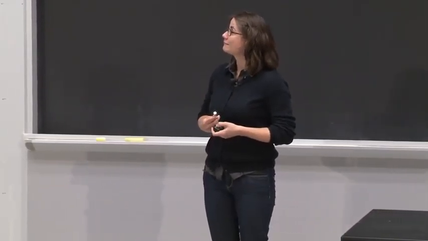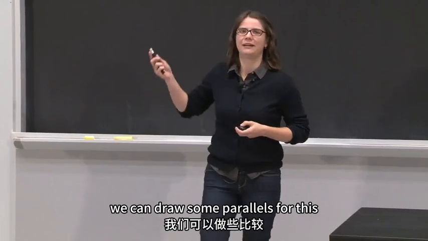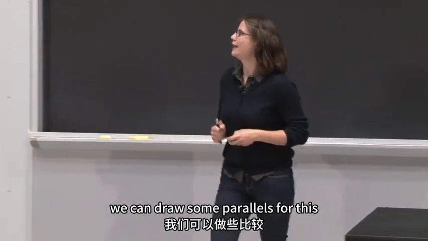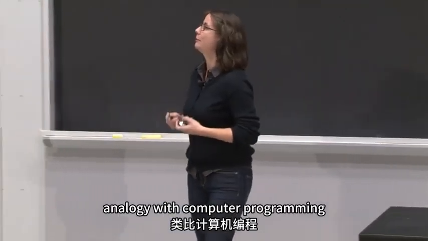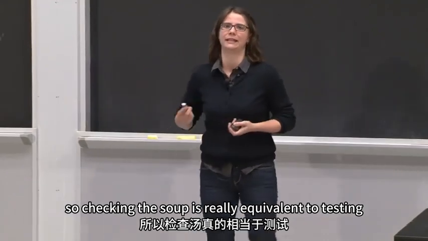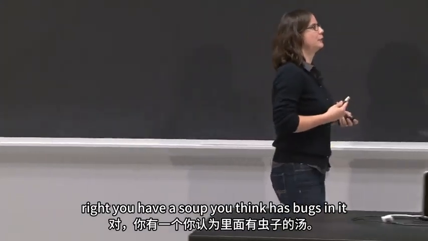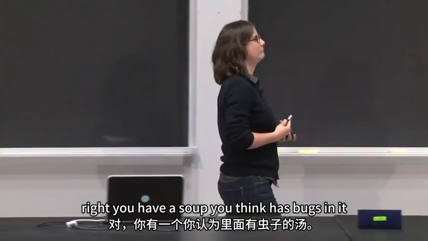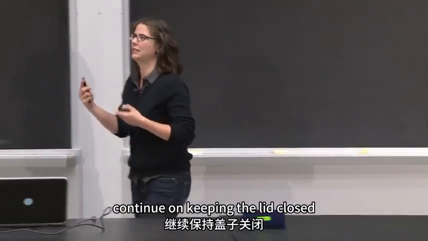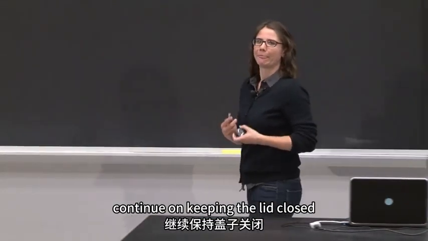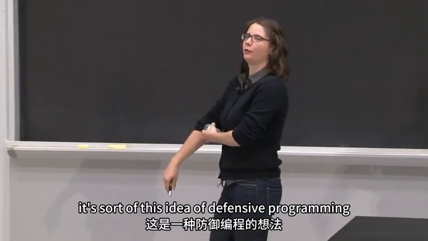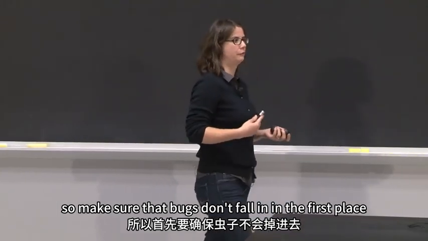So we can draw some parallels for this analogy with computer programming. Checking the soup is really equivalent to testing, right? You have a soup, you think it has bugs in it, test it, make sure there's no bugs, continue on. Keeping the lid closed is this idea of defensive programming. So make sure that bugs don't fall in the first place.